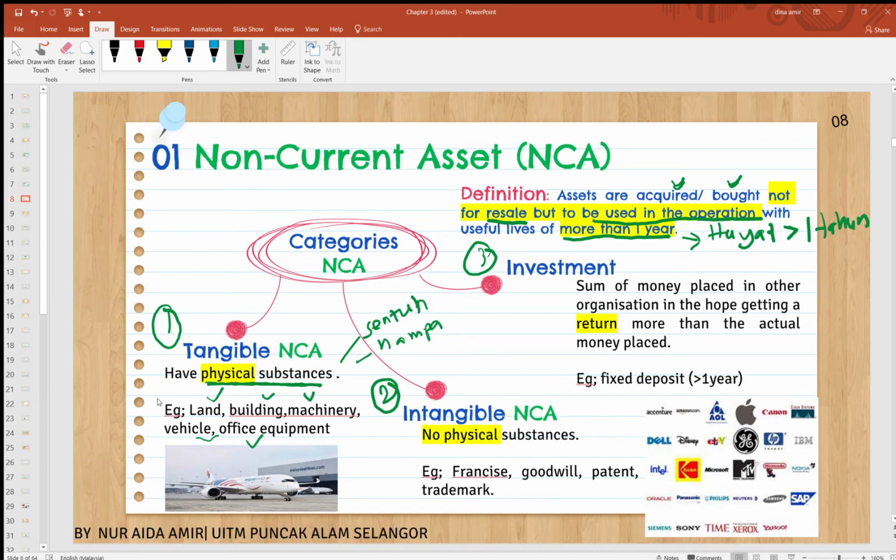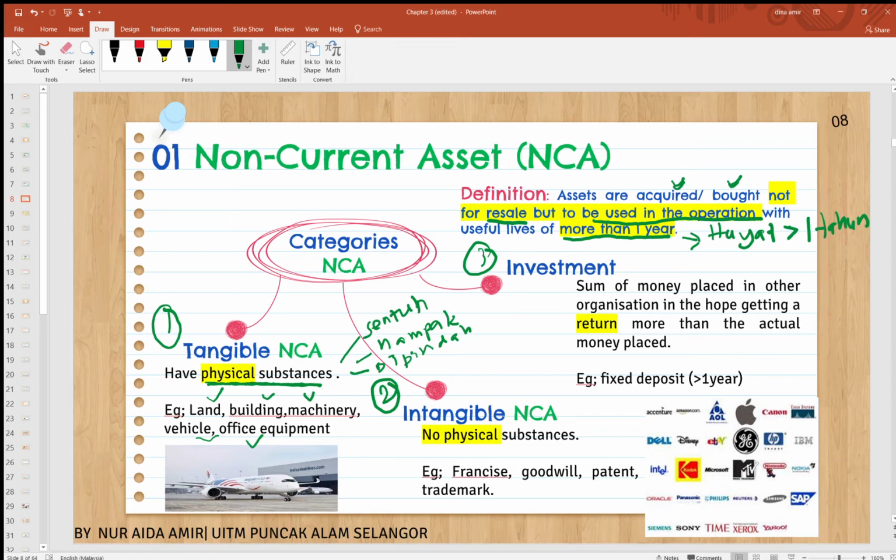dengan mata kasar. And then boleh dipindahkan dari satu tempat ke satu tempat yang lain. For example, macam building, okay, bangunan. Bangunan boleh dipindahkan dari satu tempat ke satu tempat yang lain, betul? Contoh macam sekolah lama. Sekolah lama dulu build dekat tengah-tengah bandar Kuala Lumpur.